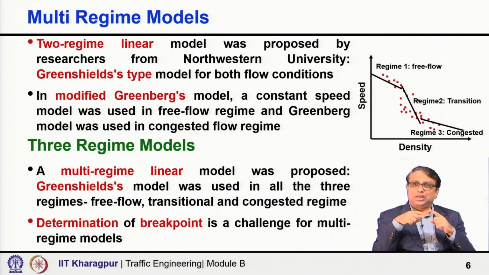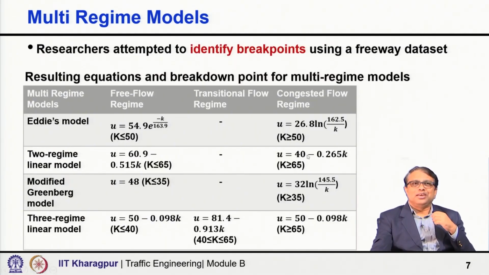So, it may not give a breakpoint wherever transition is happening in all possible practical situations. So, researchers attempted to identify these breakpoints using a freeway data set, and I am showing some example models here.